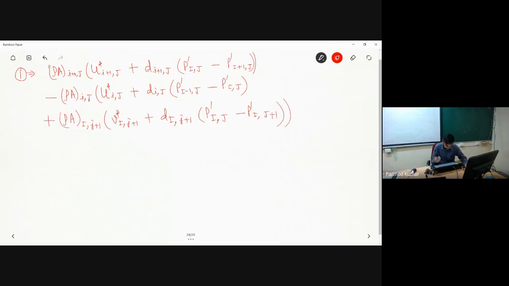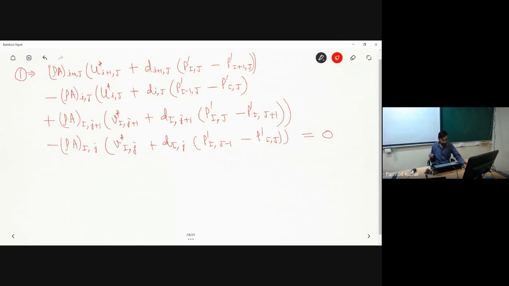Is it correct? Yes, sir. Minus rho a I comma small j times v star I comma j plus d capital I comma j times p dash of I comma j minus 1 minus p dash of I comma j, and this entire expression will be equal to 0.